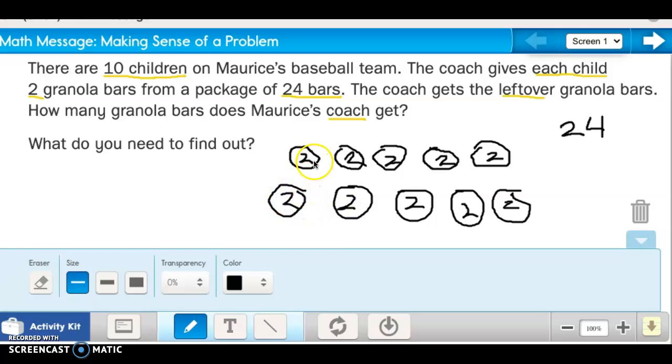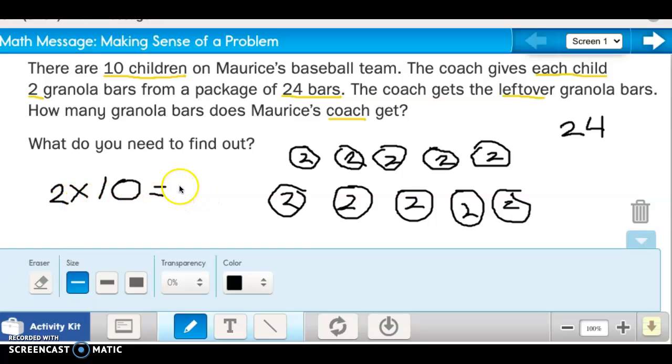Now we can count by twos, 2, 4, 6, 8, 10, or we can think, that's like 2 times 10. So what is 2 times 10? Well, we can count by twos 10 times, or we can count by tens 2 times.